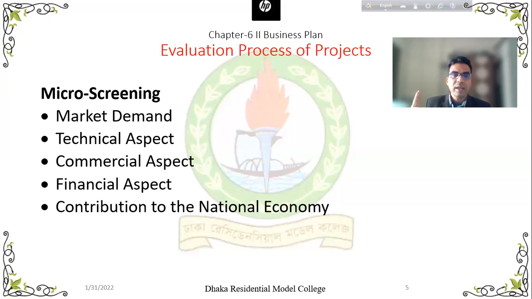Okay, then number 2, technical aspect. What is this? Technical aspects of projects are justified from the technological and mechanical point of view. If you are able to use modern tech machineries, modern technique for your business, you will be able to succeed in your business.